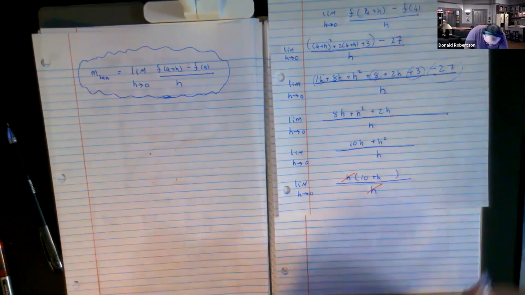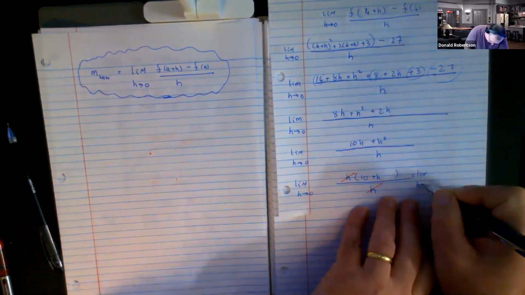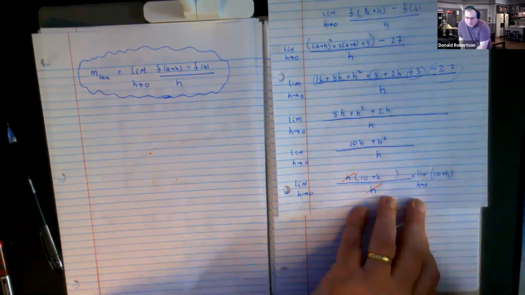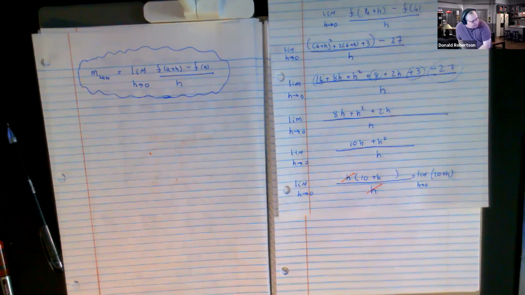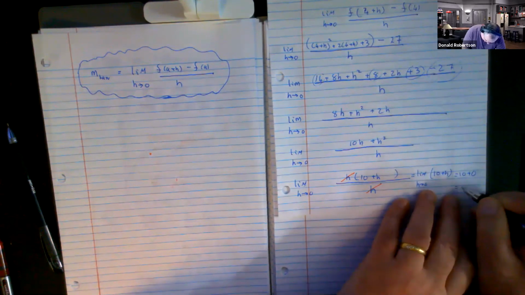I'm running short of room, so I'm going sideways now. And isn't that a very easy limit to calculate? Can't you just plug in h equals 0? And the final answer is 10.